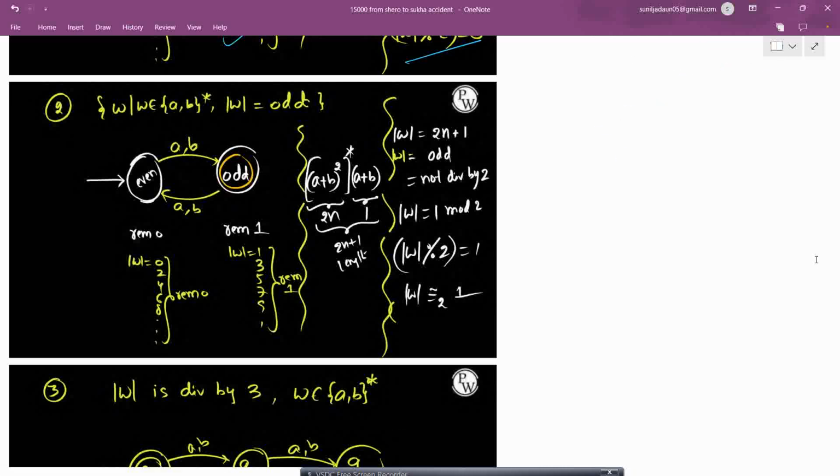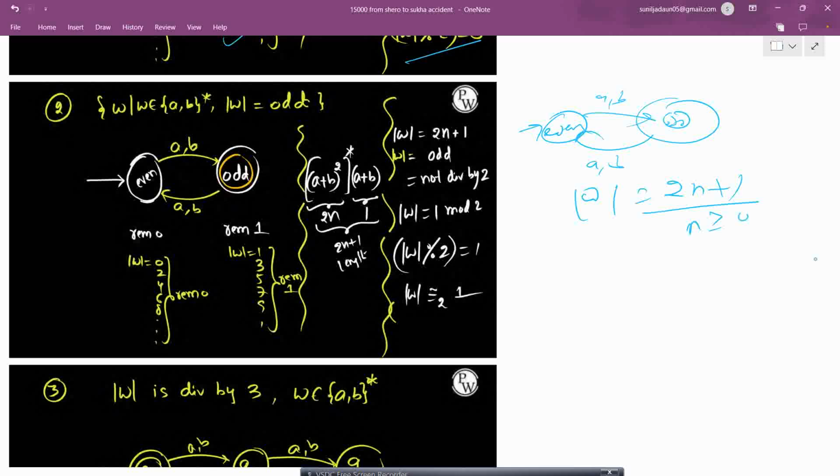One is odd also. What do we do for this? If it is even, this is odd. If length is 1, we are going to accept. If length is 2, we are going to reject. If 3, 4, 5, 6, this is the case for odd numbers, and the length of W is equal to 2n plus 1 here, because n is greater than or equal to 0, we can express it like this.